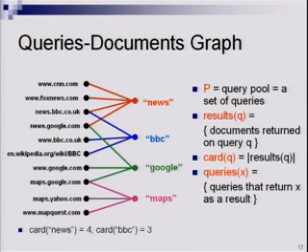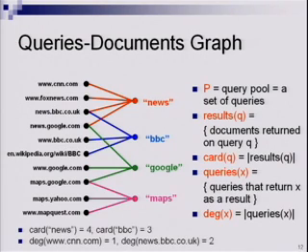Queries of X, for a document X, is all the queries in our pool which will return X as one of the results. For example, queries of www.cnn.com is just news, because the single query here that returns cnn.com as a result is news. However, queries of news.bbc.co.uk has two items, both news and BBC.